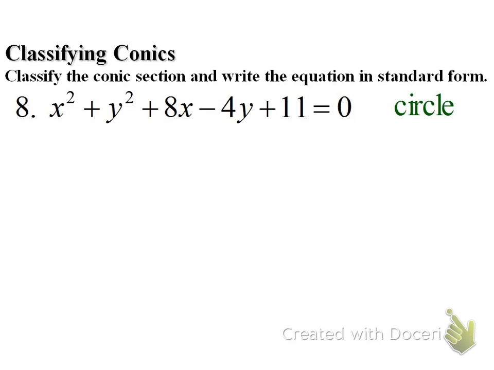We need to do b squared minus 4ac. I'm going to do it off on the sideboard. So, b is the coefficient in front of the xy term. Is there a coefficient in front of the xy term here? No, there's no xy term. So, b is 0.